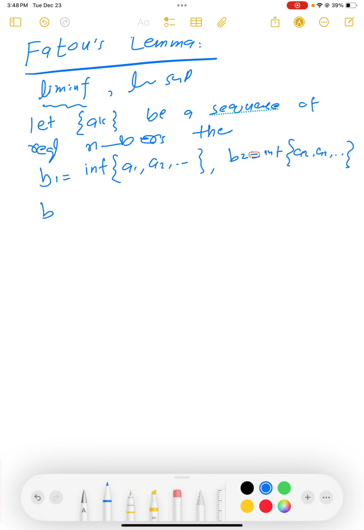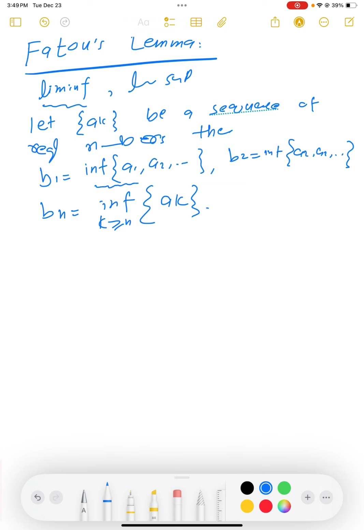So this means that we can say that Bn is the infimum of A_k for k greater than or equal to n.